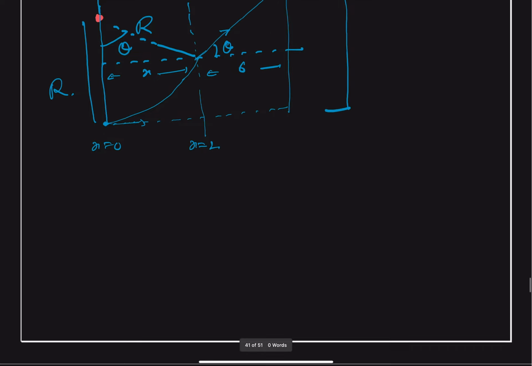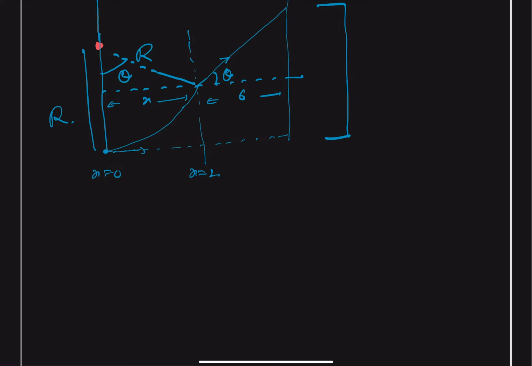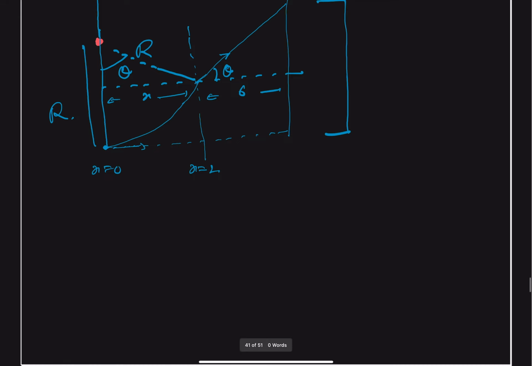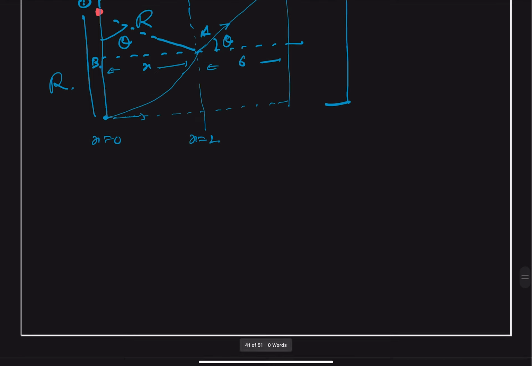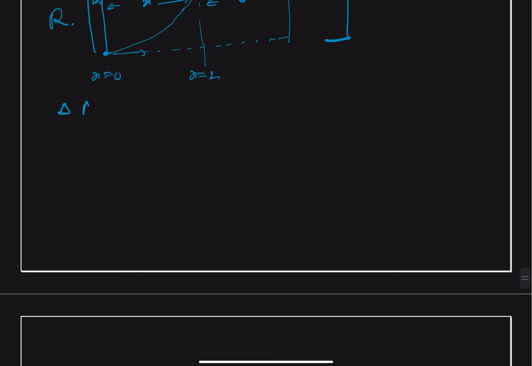So using the trigonometric identity, we can say our sine of theta will be equal to x upon r. Okay. Let us call this point O, this point A, this point B. So in triangle AOB, this gives us sine of theta is x upon r.